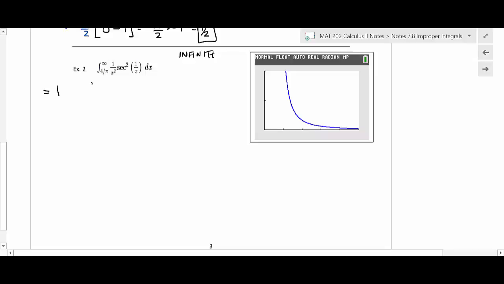So we're going to change this to the integral from 4 over pi to b. You're changing that infinity to b. The integrand, which is what you're integrating, is 1 over x squared times secant squared of 1 over x, dx. And then you also have to take the limit as b approaches infinity. So that's what you're going to have.